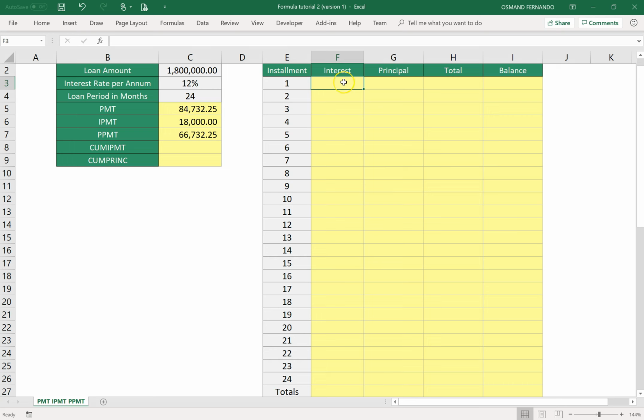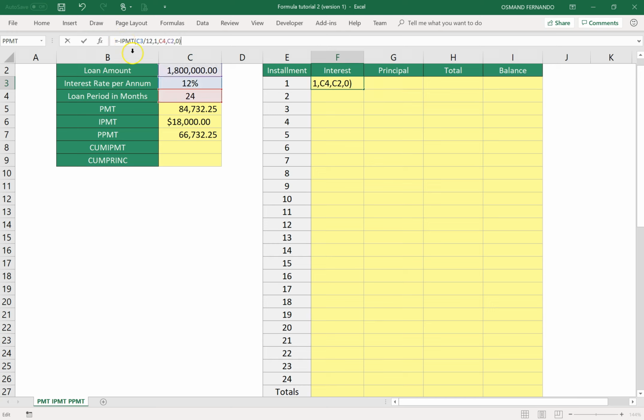First we want to calculate the interest, and we have the formula here. Copy the formula using the formula bar, then hit enter. Come to the interest cell, that means F3 in my case, put the cursor in the formula bar and paste it.